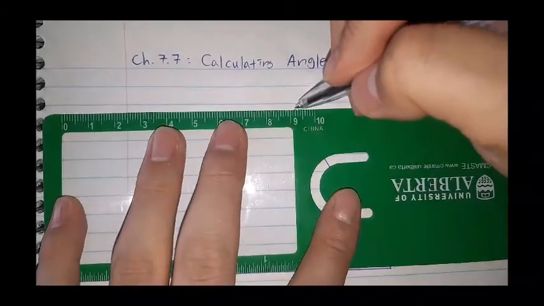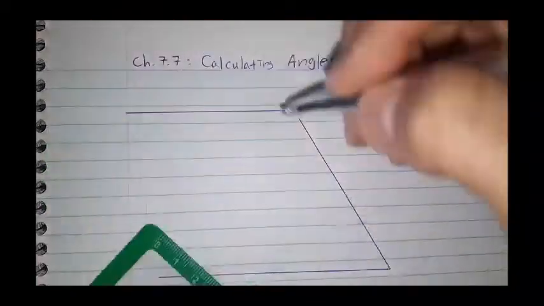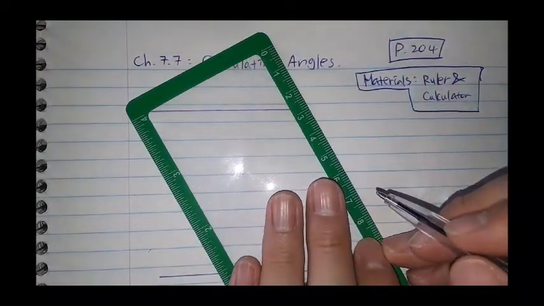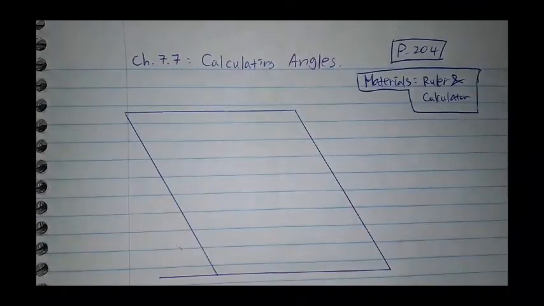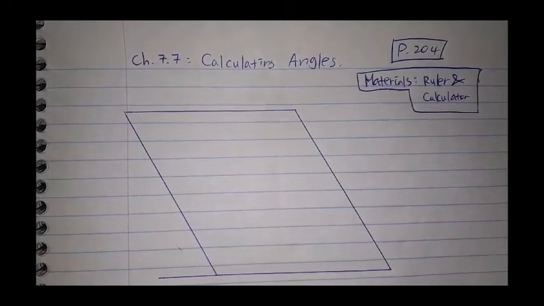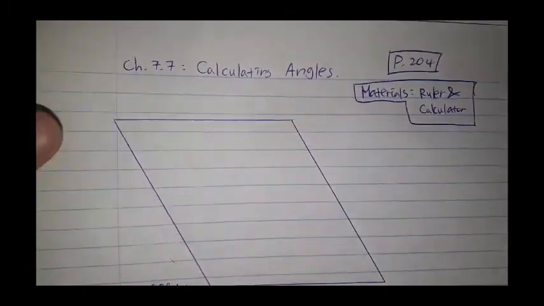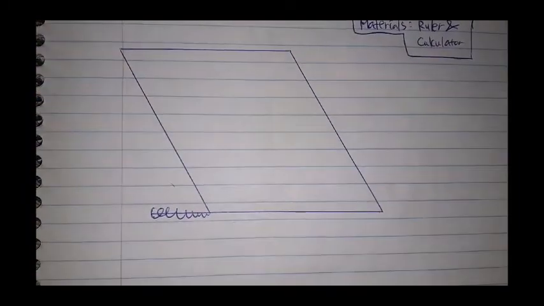I want you to draw a parallelogram first. Okay, so right now I have a parallelogram. Let's just ignore this line, if you will, and I'm going to readjust the screen.